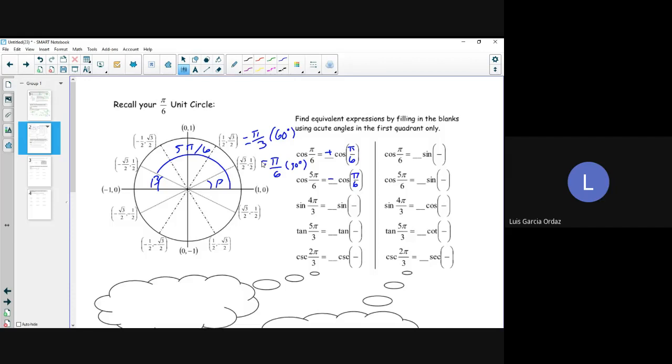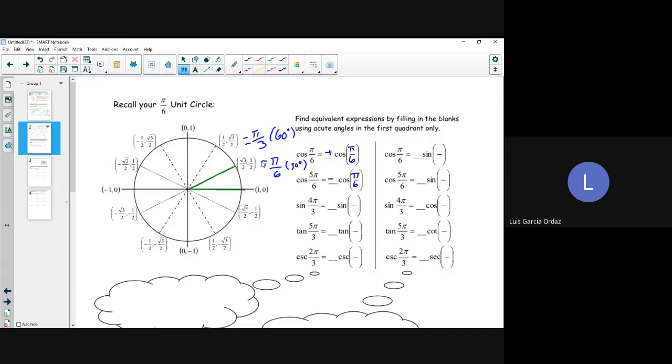So this is straightforward so far because it's from last unit. The question says using the acute angles in the first quadrant only, because that's the only acute angle closest to the x-axis. Pi over 6 is this angle over here.